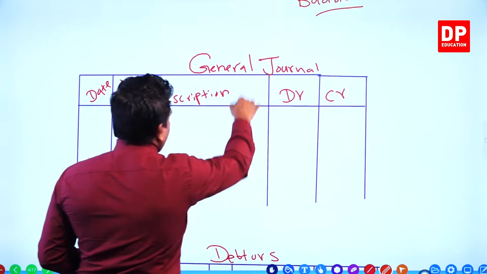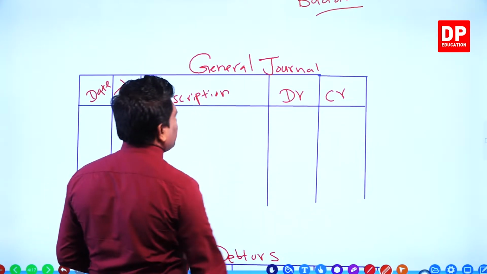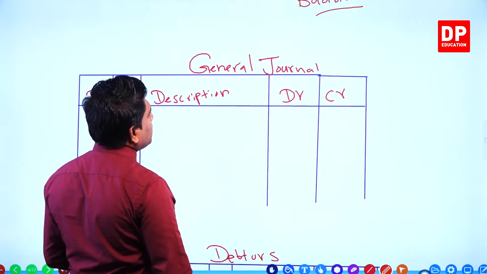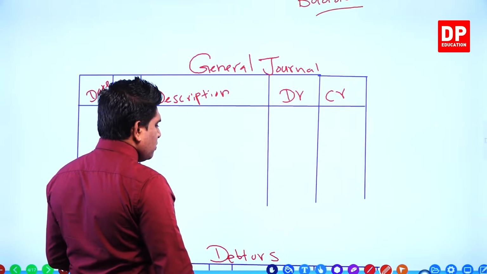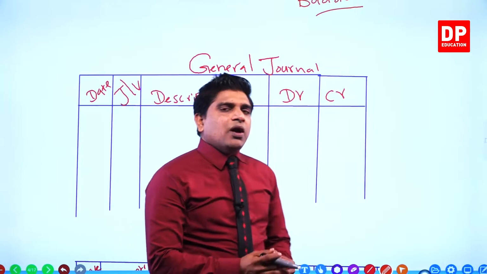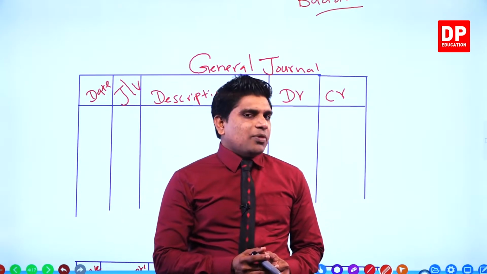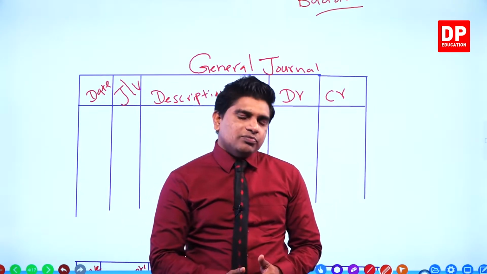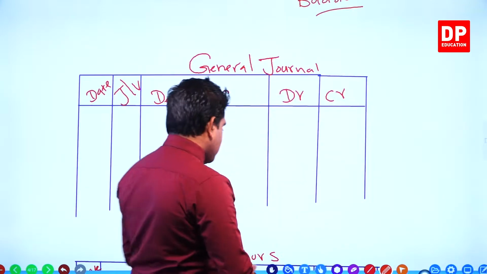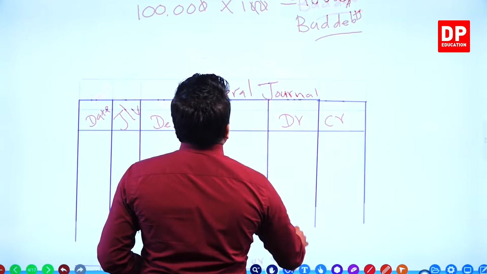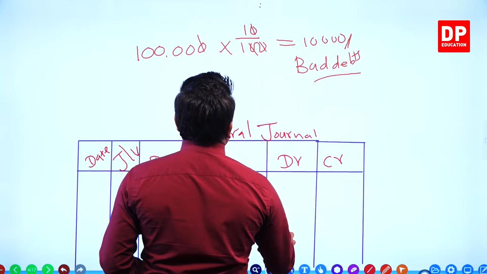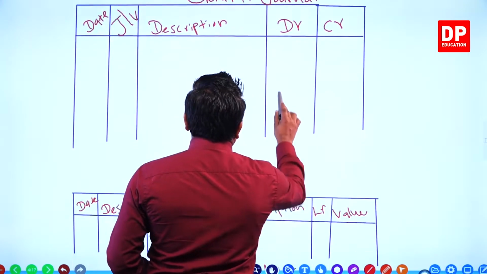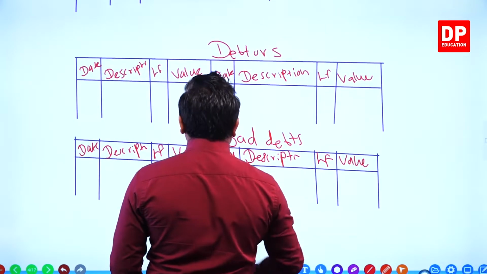Here, if you want, you can add other extra column, but it is not used, right? Okay. Now, how much is the bad debts amount? Do you remember? How much is the bad debts amount that we have calculated before? It is 10,000, right?